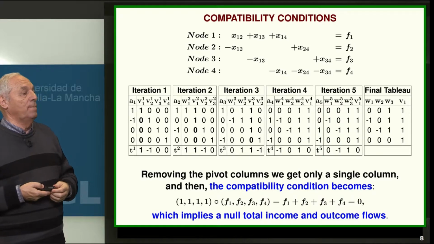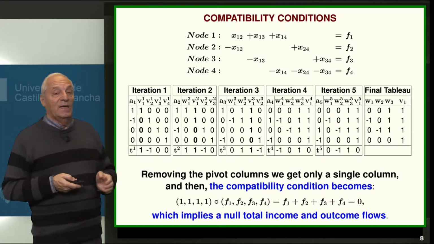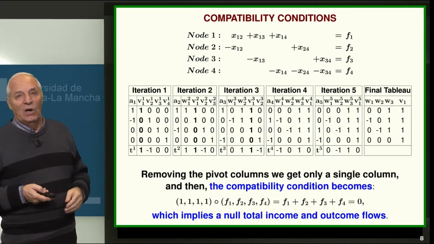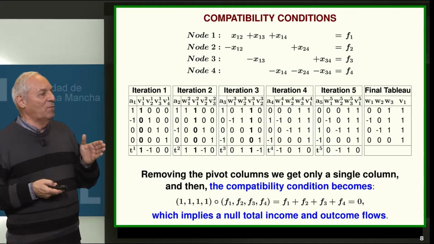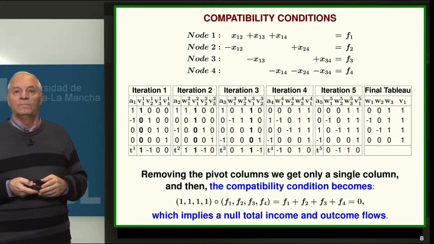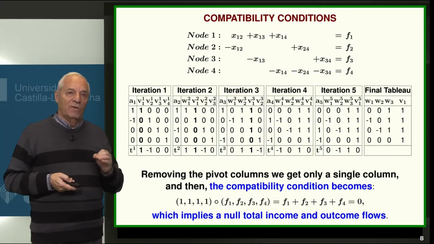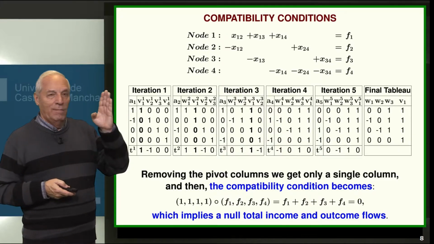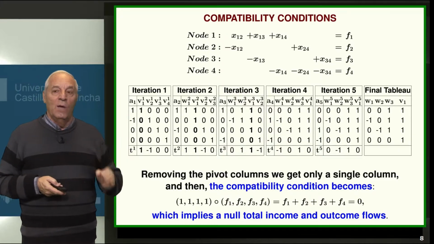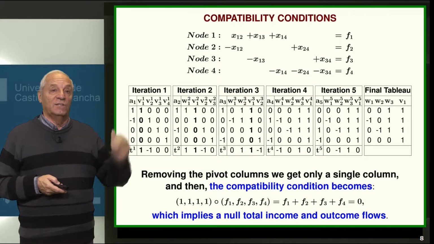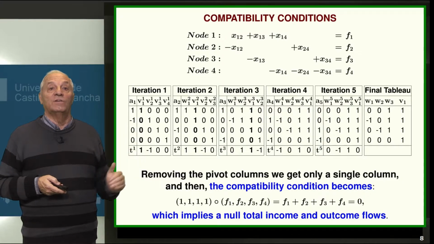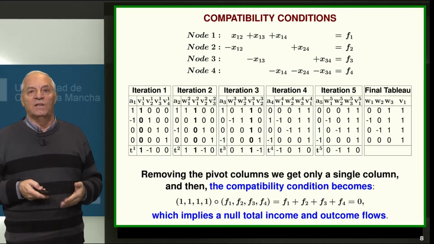The first one does not have x24, then it gives 0, the second one 1, the third does not have it, so it is 0, and the fourth is -1, and we pivot. At the end, we get the final table, in which you can see that we have pivoted with the first three vectors, and you have to remove them. Then, the orthogonal subspace is generated by the vector 1, 1, 1, 1.